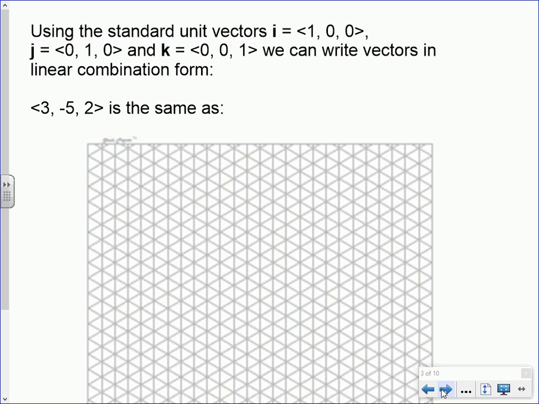And so 3, negative 5, 2 is the same vector as 3i minus 5j plus 2k. That is linear combination form. You will need to be able to recognize and write vectors in one form or the other. These are in alphabetical order.